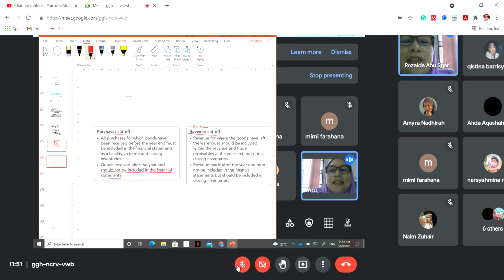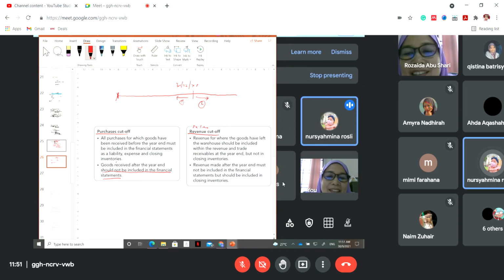So please, I draw the timeline. When the revenue where goods have left should be included at year end, when does the sale happen? Is it situation 1 or situation 2? Situation 2.